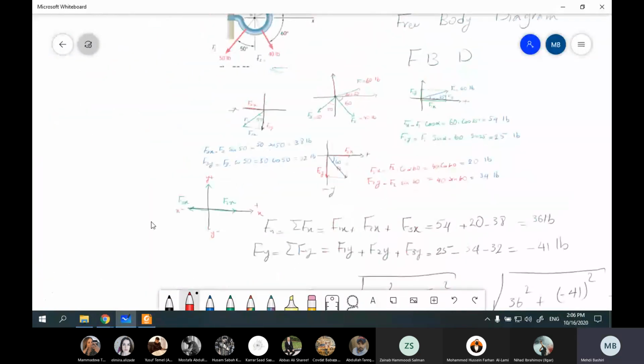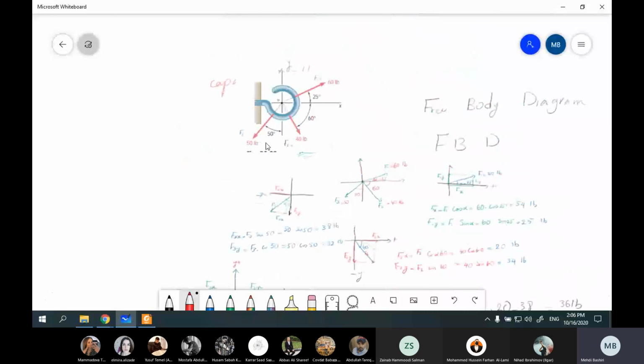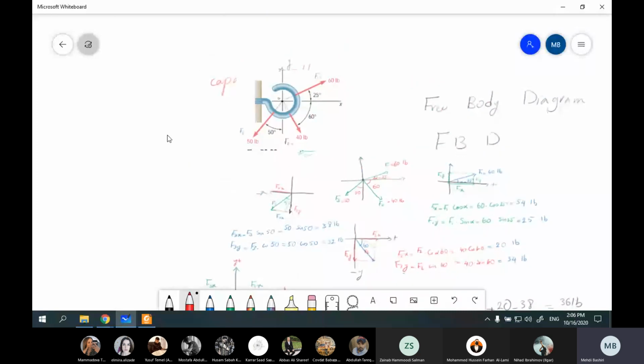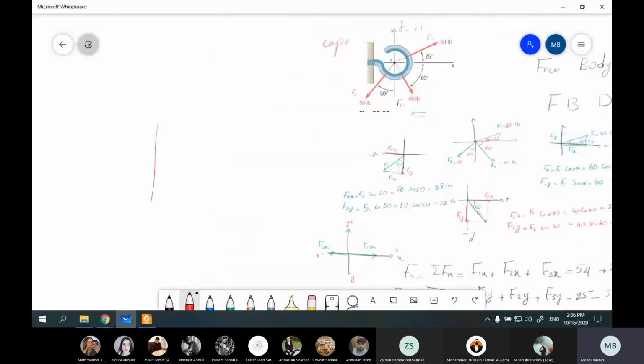I don't know if you know it, but for example, in this triangle, with sides A and B, this is C. The magnitude of the force C is 54.